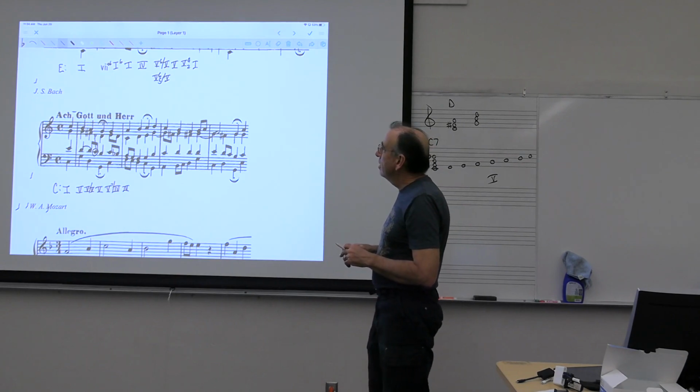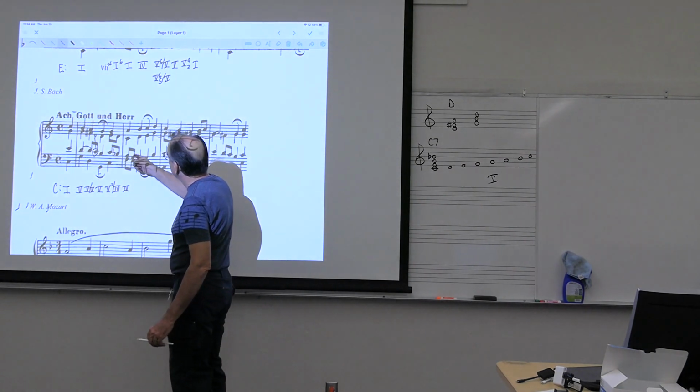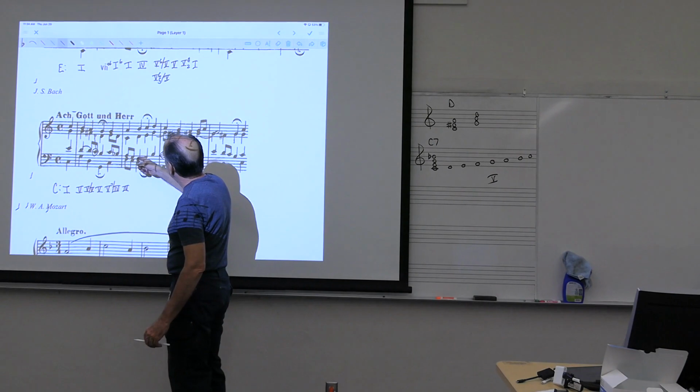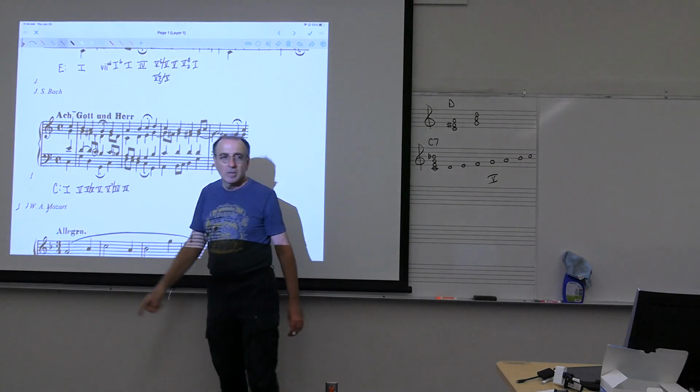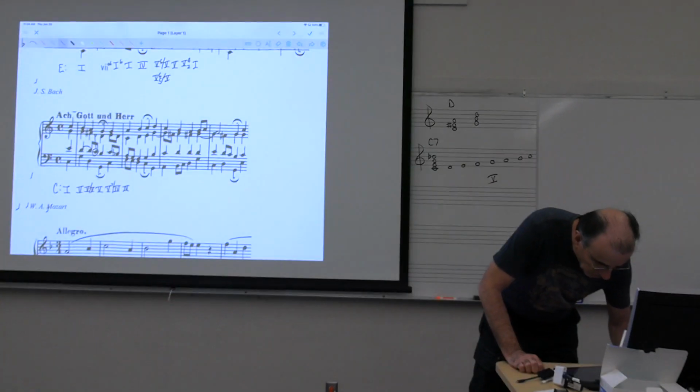Okay, and then these two are just passing tones. This next chord, though, D, F, and B. Any guesses?